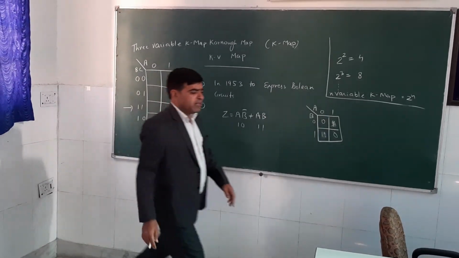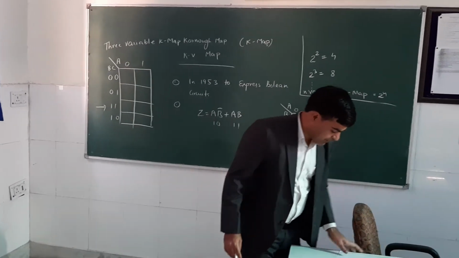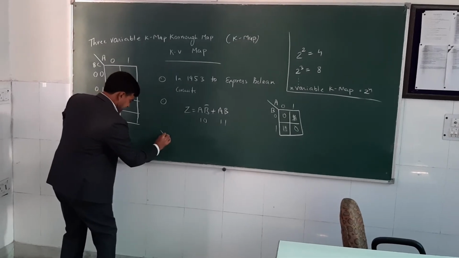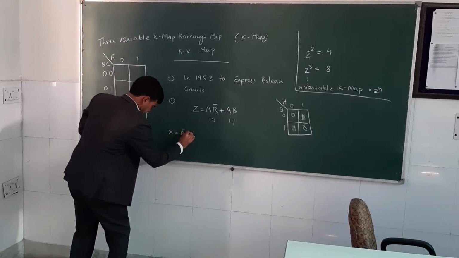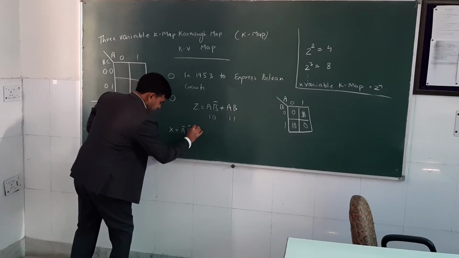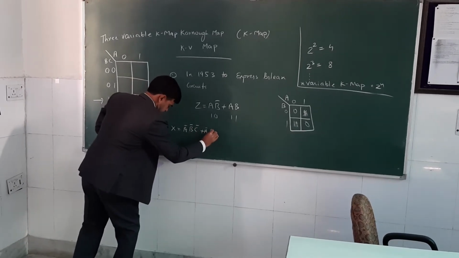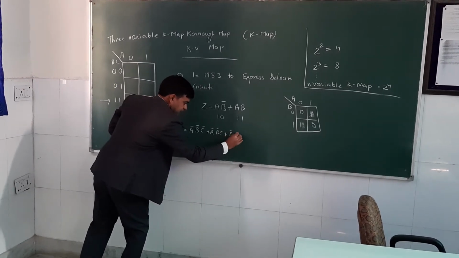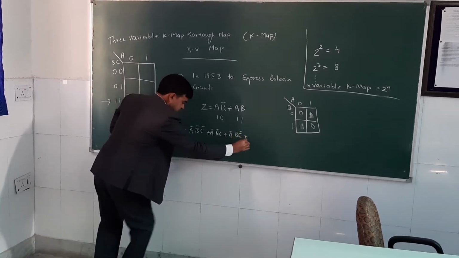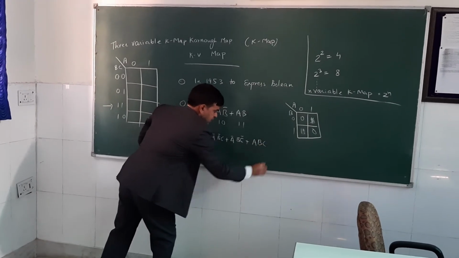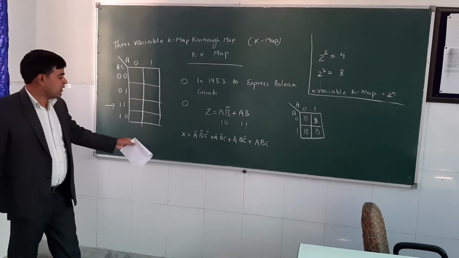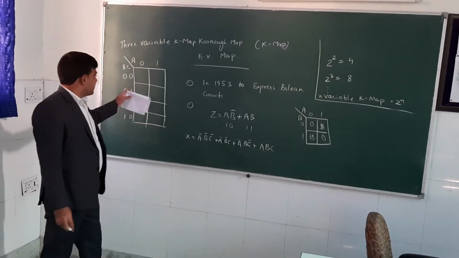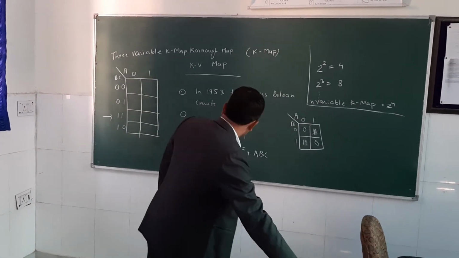Let's say I want to express a Boolean expression in terms of a K-map. This is a three variable expression: X is equal to A bar B bar C bar plus A bar B bar C plus A bar B C bar plus A B C. So let us see what will happen.